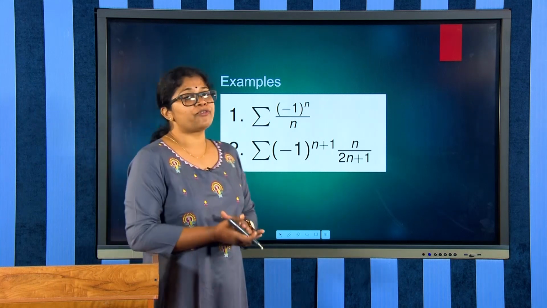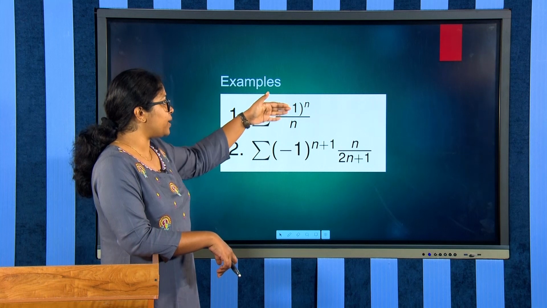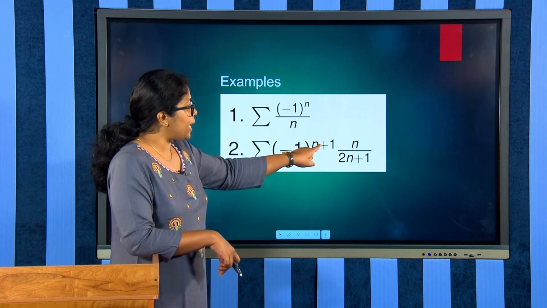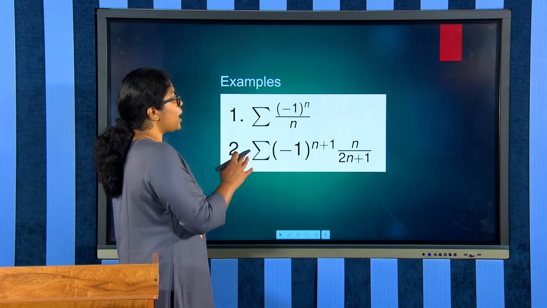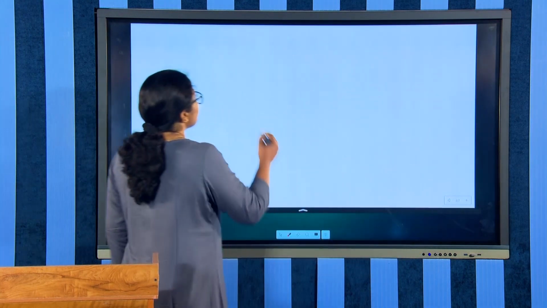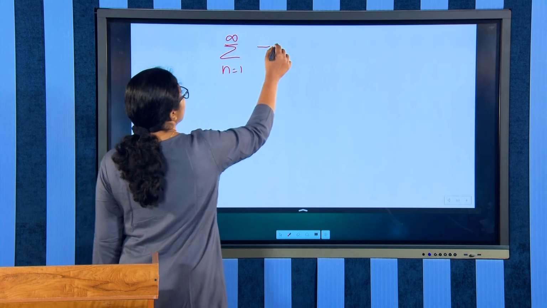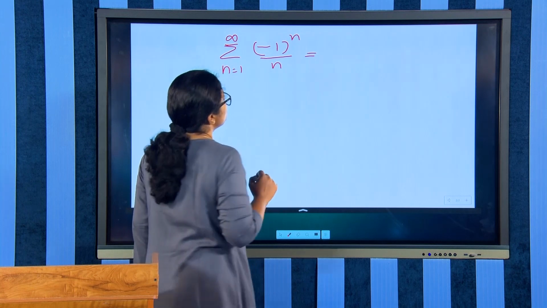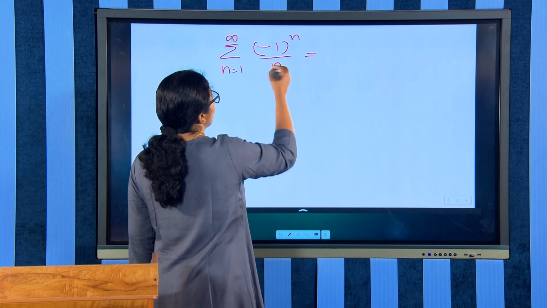Now, some examples of alternating series are summation (-1)^n upon n and summation (-1)^(n+1) n upon 2n plus 1. These are the two examples which we consider here. Summation n equal to 1 to infinity (-1)^n upon n.